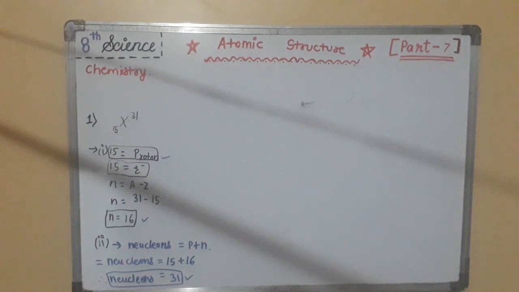Now third, what is the mass of the total number of nucleons? The average mass of a nucleon is 1 AMU.